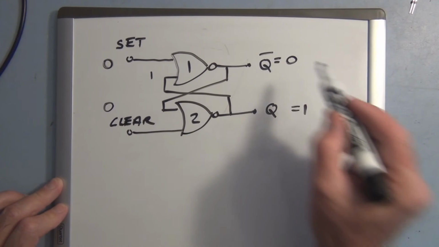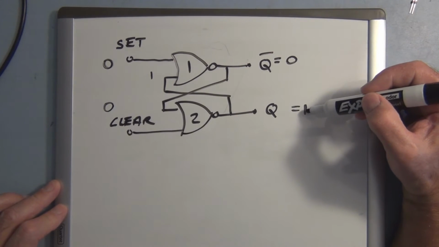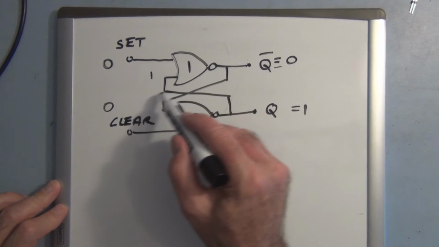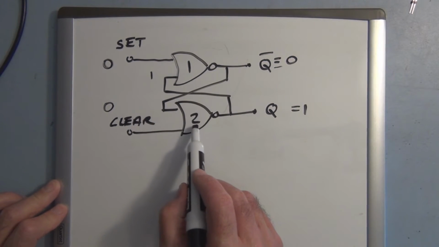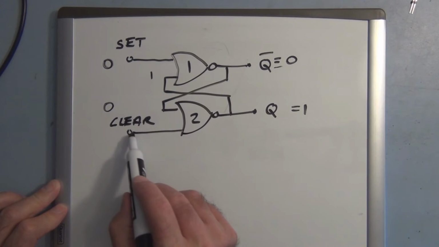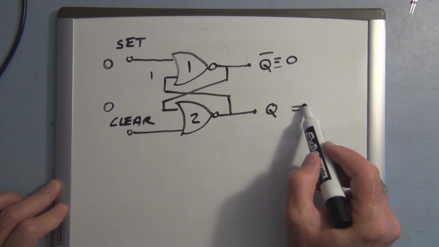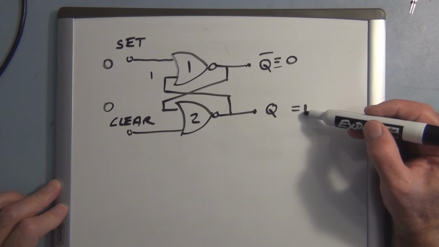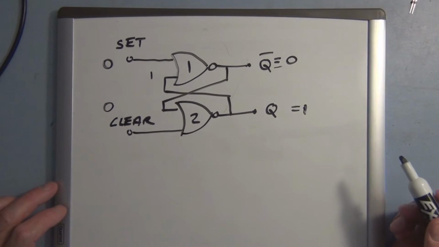So here we fulfilled our definition of a flip-flop where Q is a 1 and Q naught is the opposite, 0. And this 0 gets fed back to the input of NOR 2, and we have a 0 on the clear, and a 0 and a 0 will produce a 1, like we initially assumed, and we have the 1. So this condition is fulfilled.